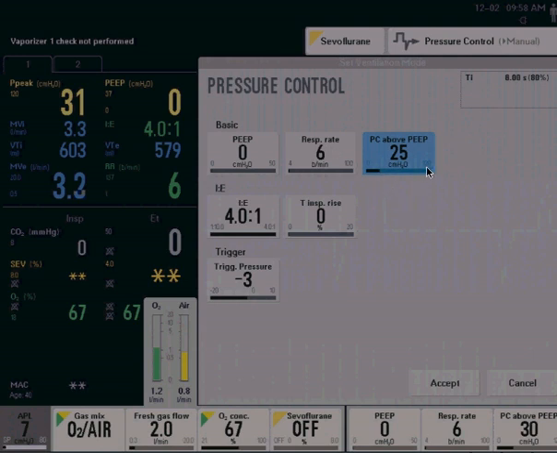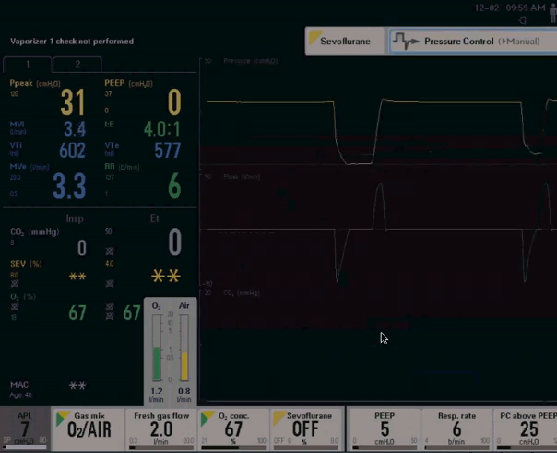This decreases the tidal volume, and I'm going to increase the PEEP, one to gain more mean airway pressure, and two to decrease my exhale tidal volume. As you notice, my exhale tidal volumes are getting more in that lung protective range of 4 to 6 cc's.